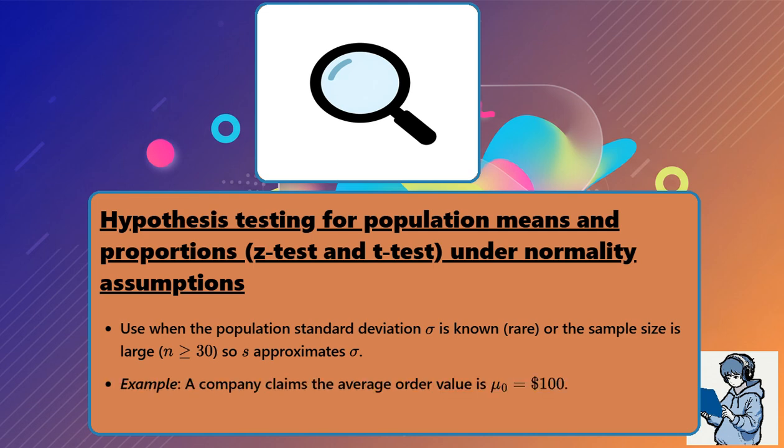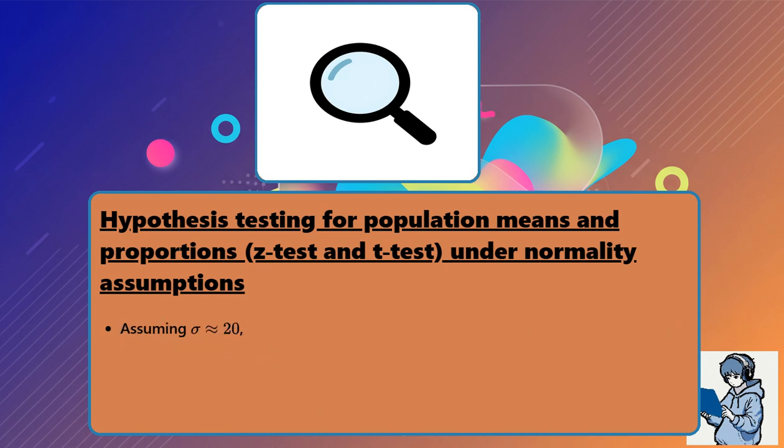Example: a company claims the average order value is mu naught equals $100. A sample of n equals 64 orders yields x bar equals $105 and S equals $20. Assuming sigma approximately 20, Z equals (105 minus 100) divided by (20 over the square root of 64), equals 5 divided by 2.5 equals 2.0.